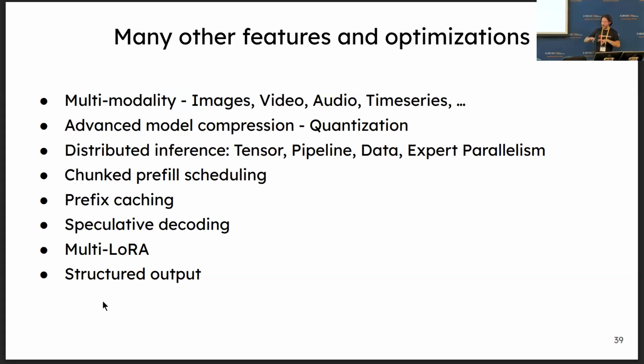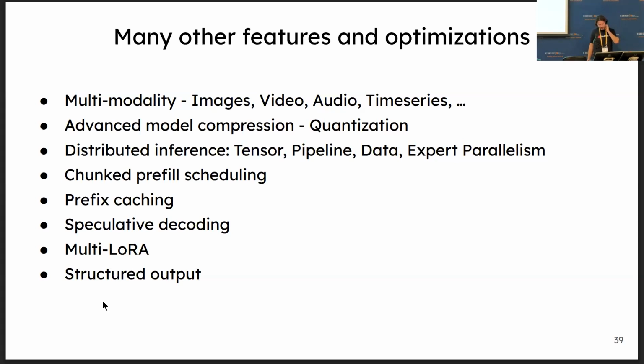Data parallelism, you have a copy of the model on different GPUs, and you split your data up. And then expert parallelism is where, for these mixture of expert models, you distribute the experts amongst the GPUs, and that can help reduce the overhead of the weights that you're having to store.